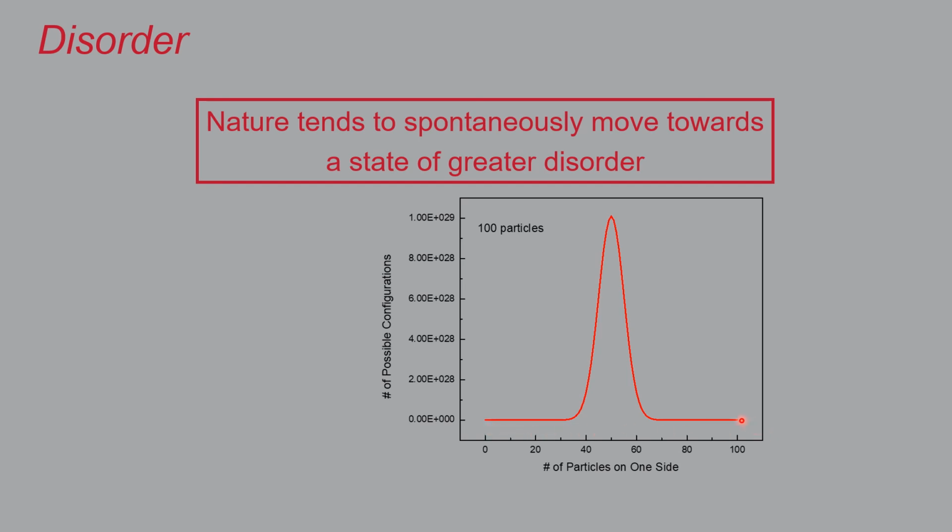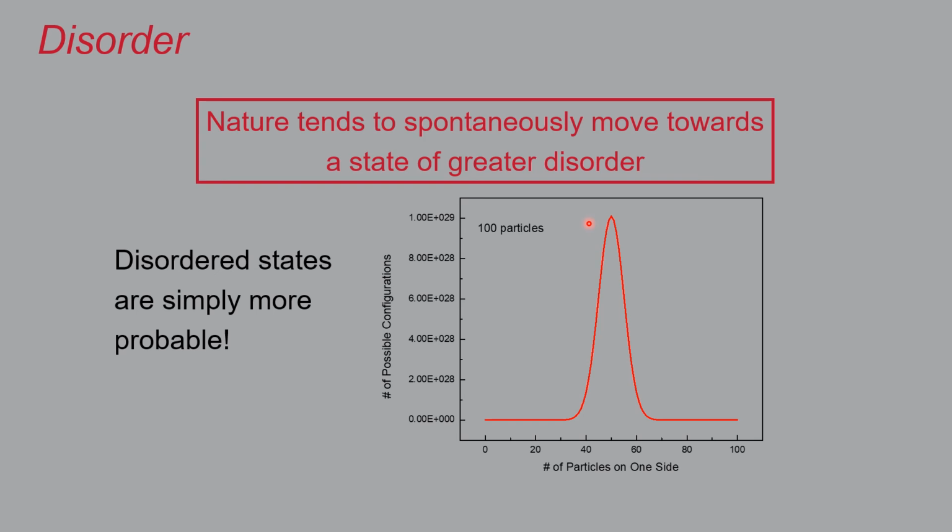And on the other end of the scale here, 100 would represent them all being on the left side. And here at 50 represents them being half on one side, half on the other. And just feast your eyes on this scale. There is essentially one configuration where they are all on the one side. There is one configuration where they are all on the other side. There are 10 to the 29th configurations where there are 50 on one side and 50 on the other.